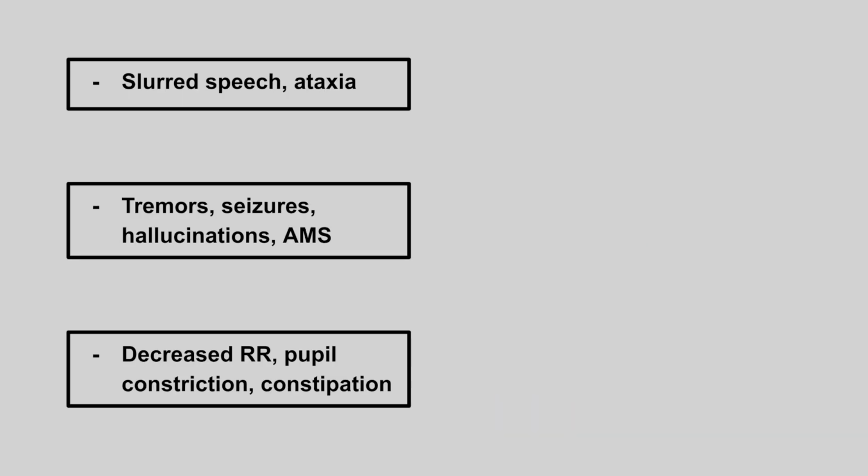Now I want you to think about substance intoxication versus withdrawal. So we'll go ahead and mention some vignettes, take a second to pause, and try to guess what substance it is and whether it's a withdrawal or intoxication. So for the first patient, we have someone who presents with slurred speech and ataxia.